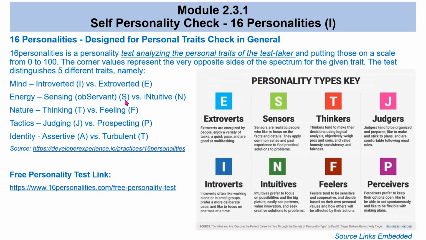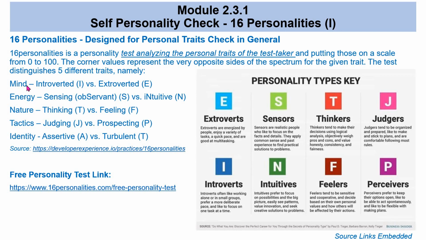of personality, which has been defined based on 5 different traits. So actually, mainly based on 4 traits with an additional 5th trait that classifies your personality on 2 levels.